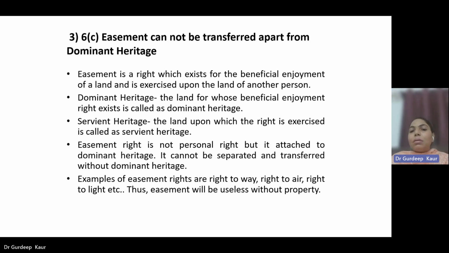So an easement is not a personal right, but it attaches to the dominant heritage land, and it cannot be separated and transferred without the dominant heritage. Examples of easementary rights are right of way, right to air, right to light, etc. And these rights will be useless without the property.